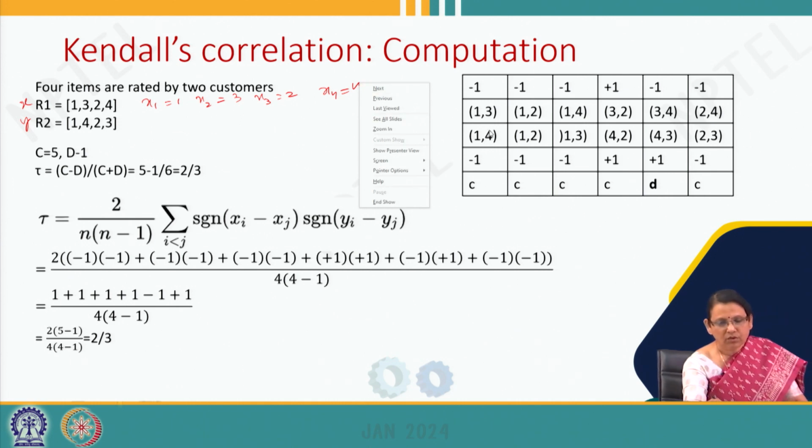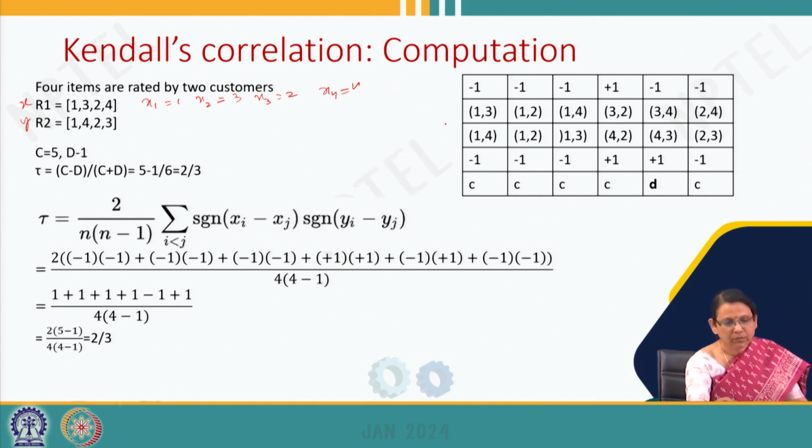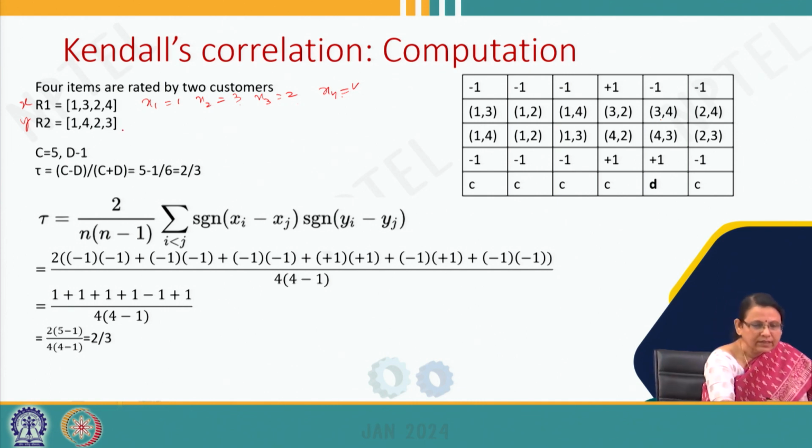So you take the combinations: 1 with 3, 2 and 4; 3 with 2 and 4; then 2 with 4. That makes a total of 6 combinations. Similarly, for the second vector, you take all the combinations.